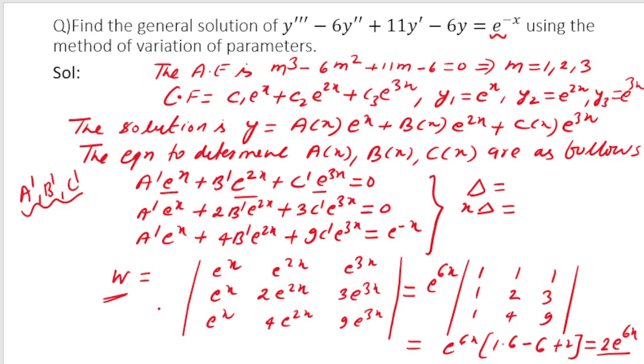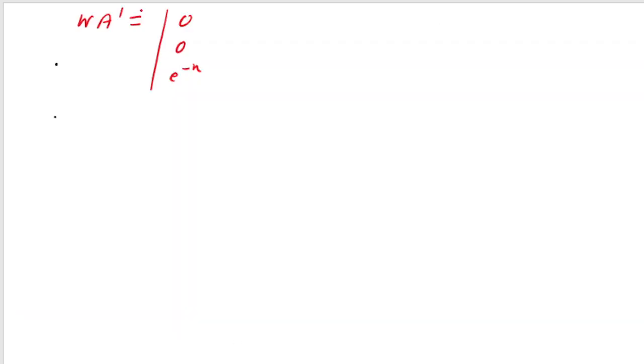The right hand side is 0, 0 and e to the power minus x, and the other two columns will remain the same. So the other two columns are e to the power 2x, 2 e to the power 2x and 4 e to the power 2x, and e to the power 3x, 3 e to the power 3x and 9 e to the power 3x.